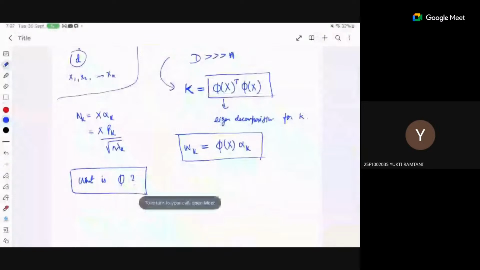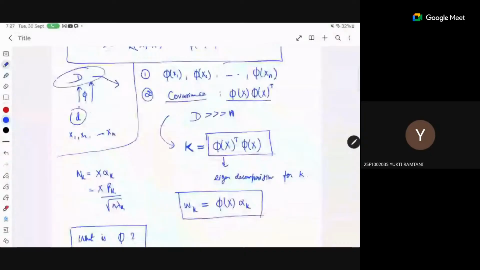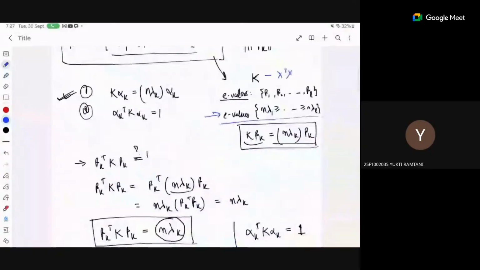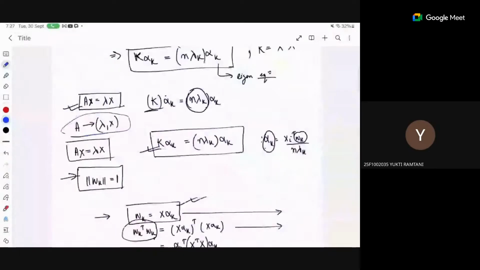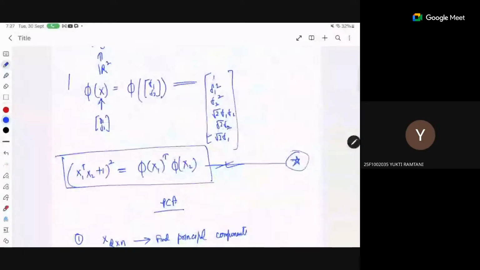What I was saying is, what is the problem with phi here? We don't know what phi is, right? Once we know phi, we can do phi x transpose phi of x, but we don't know what it is. At the very start, we saw one special function, x1 transpose x2 plus 1 whole square, right?